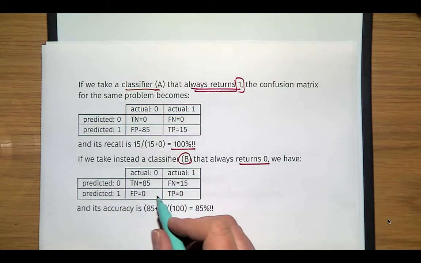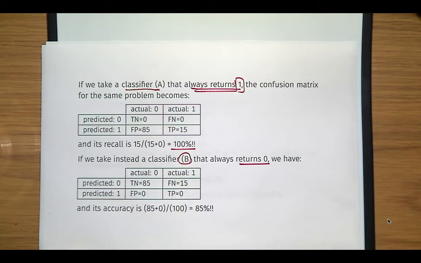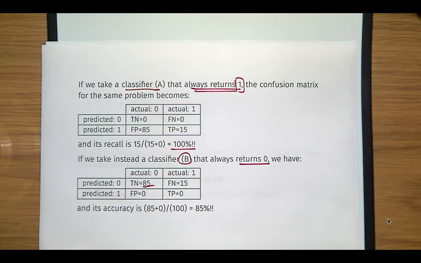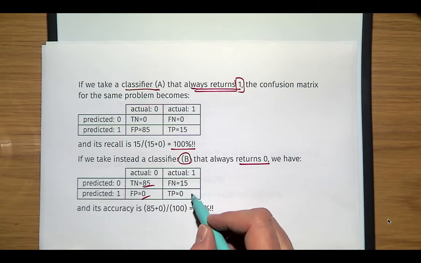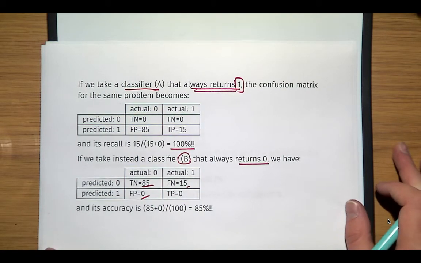This time the true negative is very high, because all the time you return negative, so you get the whole negative class. You're doing very well here. Of course, you have no false positives because there is no positive output. And you're doing badly for the false negatives, but that's what it does.